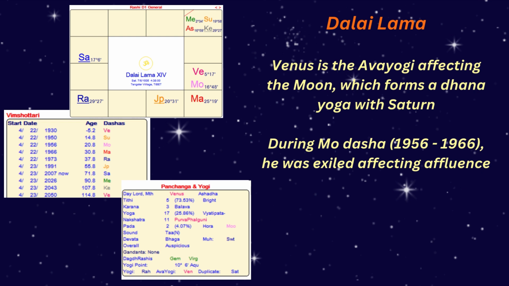He began a life in exile in India, effectively starting over from nothing. This is a good example of how the influence of a strong avayogi, in this case Venus, can obstruct wealth and stability, especially in the Mahadasha of the graha the avayogi influences, the Moon Mahadasha in this case.